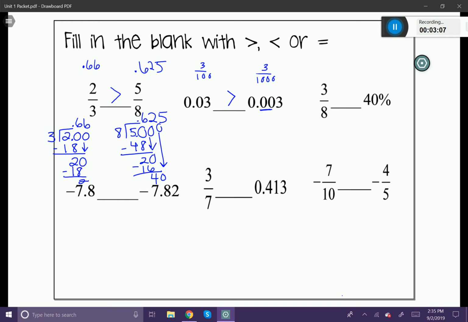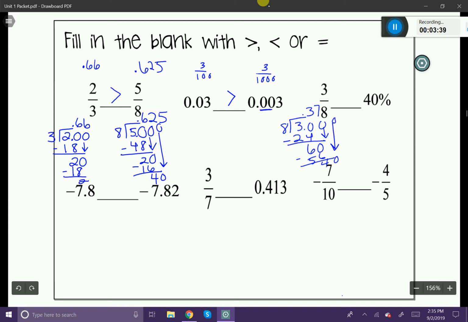All right, 3/8 and 40%. So 3/8 you might know off the top of your head, but if you don't, you can go ahead and do the division. So I have 3 divided by 8. I'm going to add my decimal, and 8's going to go into 30 3 times. 3 times 8 is 24. Bring down a 0. 8 goes into 60 7 times. That's going to be 56. I'm running out of room. Sorry about that. 8 goes into 40 5 times.